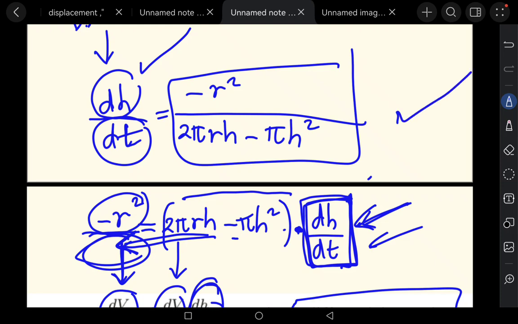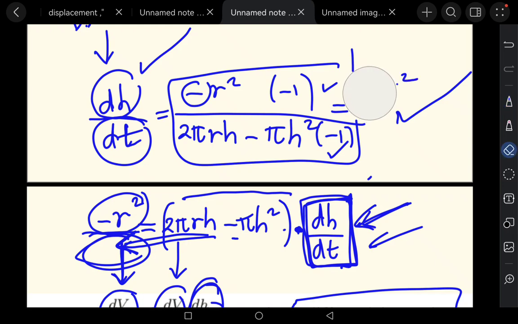If you want to turn it into positive terms, you just multiply the numerator and denominator by -1. So the numerator is going to be positive r squared.